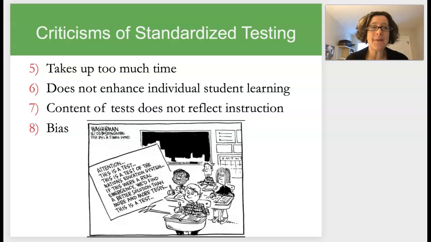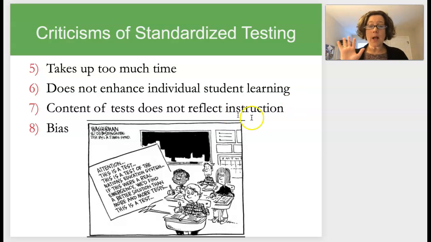But I may have to skip ideas that are super interesting or super relevant or super current because I would have to teach to that test. So the content of the test would not reflect the instruction that I would want to give you.